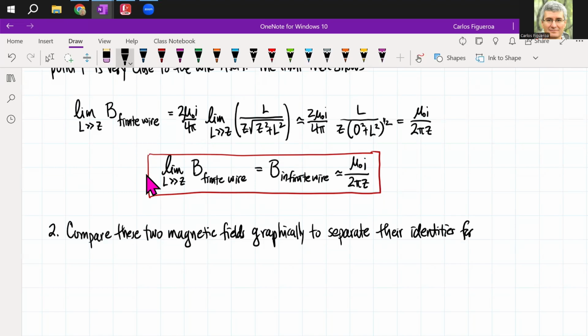Or let's say extreme cases for L much, much greater than Z and Z much, much greater than L.